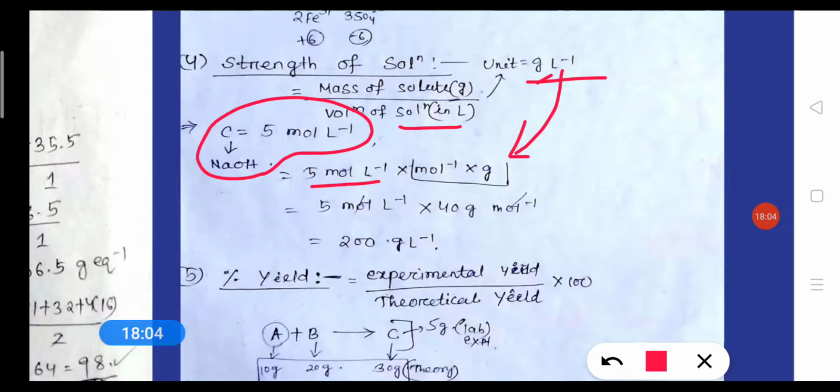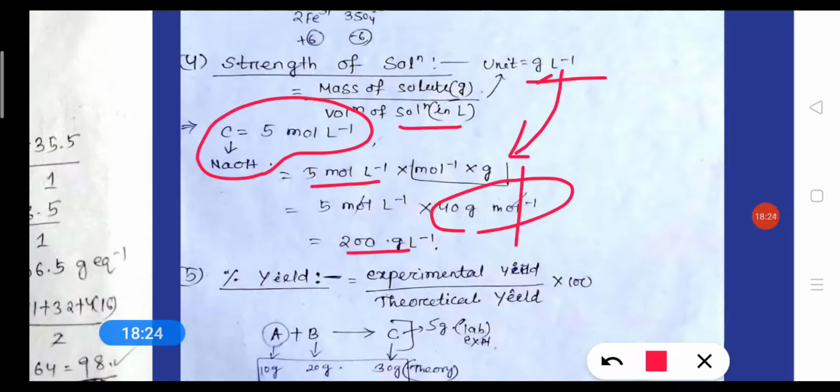What amount of gram can we multiply? The molar mass of the substance. Solute NaOH, molar mass 40 gram per mole, then we get 200 gram per liter. In this way we have to calculate strength of solution.